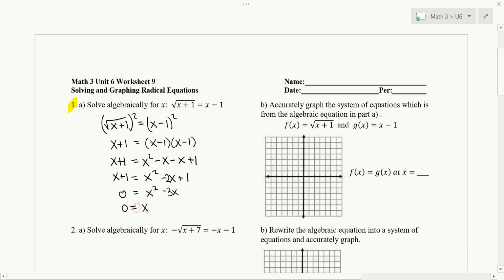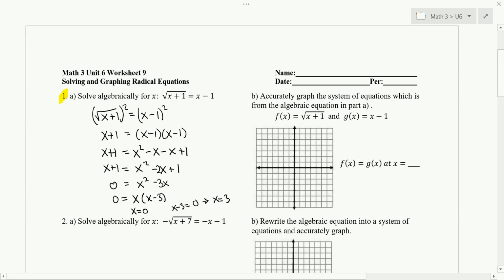Factor out the x, and then set each factor equal to 0. So we end up with x is 0, and x minus 3 is equal to 0, which gives us x equals 3. And then don't forget to check for extraneous solutions. If we go back to our original equation and plug in x equals 0, we get the square root of 0 plus 1 equals 0 minus 1, which is false.